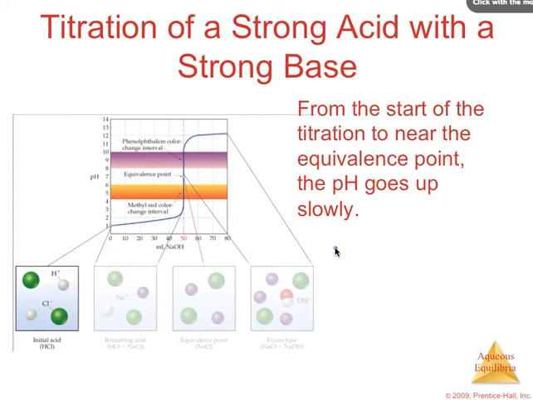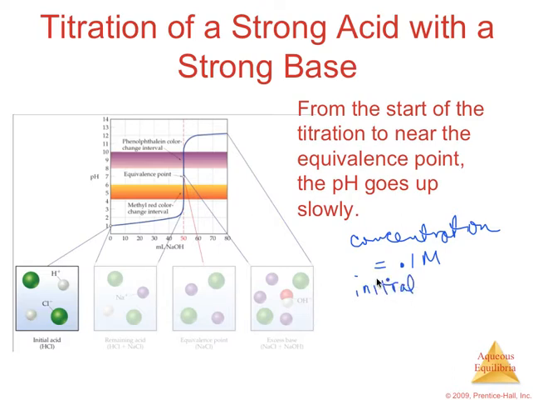These examples assume, okay, that we are using concentrations of the acid and base equal to 0.1 molar, that the initial volume of your titrant is 50 milliliters, and that you are dealing with an acid base ratio of 1 to 1. So monoprotic acid and base.